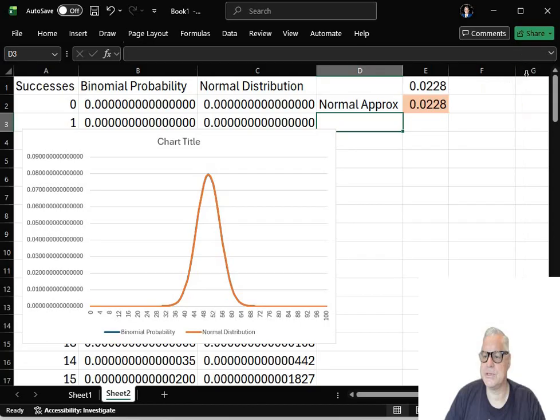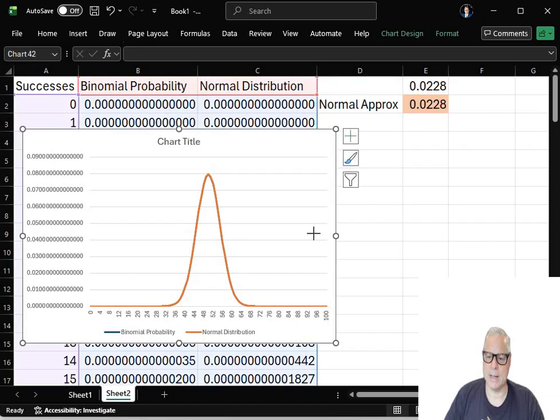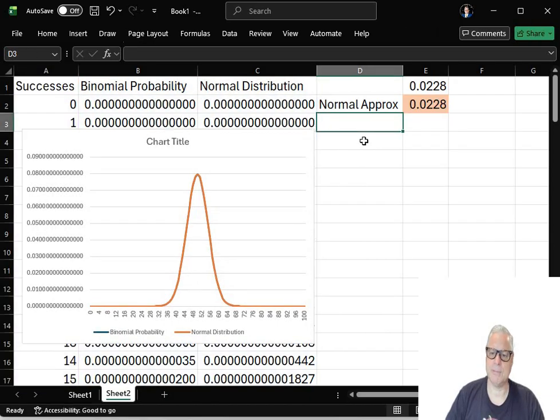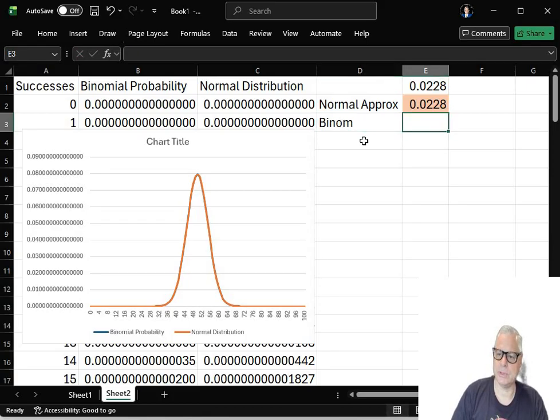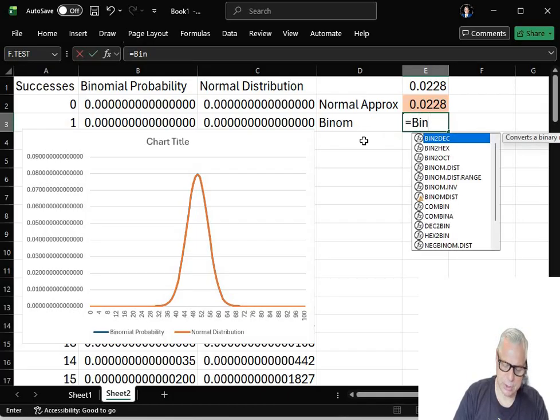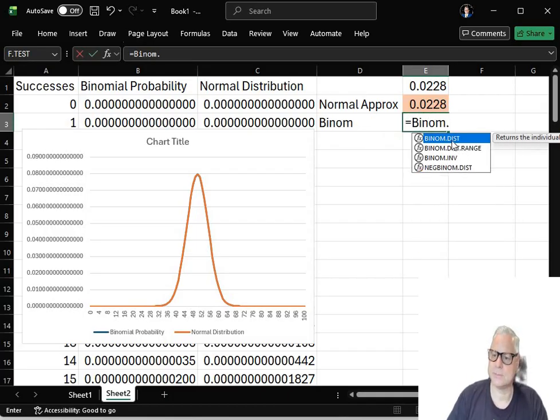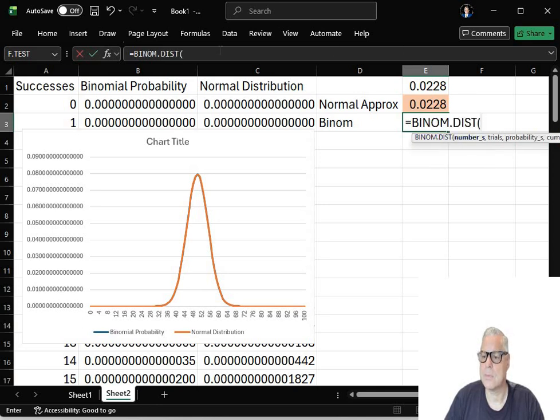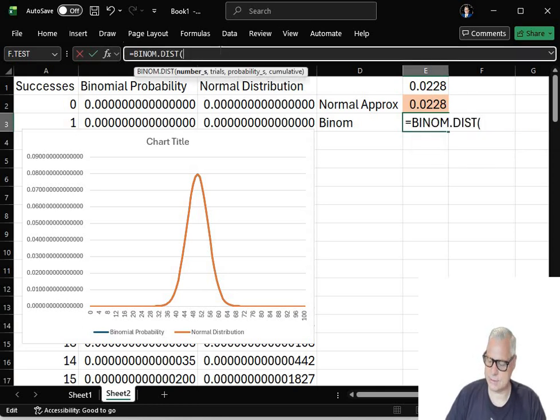So we would say there's a 2.28% probability of getting 60 or more heads when you flip a coin 100 times. But remember, the mathematically correct approach was using the binomial distribution. And here we would say this is equal to BINOM.DIST, the number of successes, okay, we say 59.